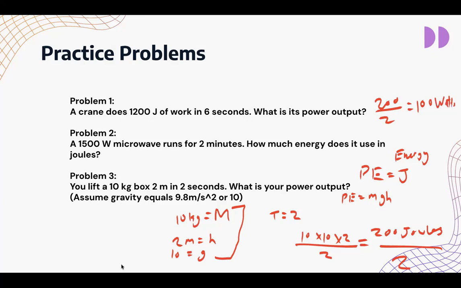So if you kept on lifting this box, you'd be doing 100 joules of energy per second you were lifting this box. Let's say you were lifting this box for 4 seconds. You'd be doing 400 watts then. It would be 400 joules for 4 seconds in total. Sorry, 400 joules in total, correct?